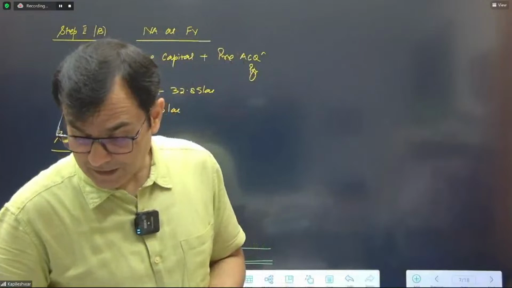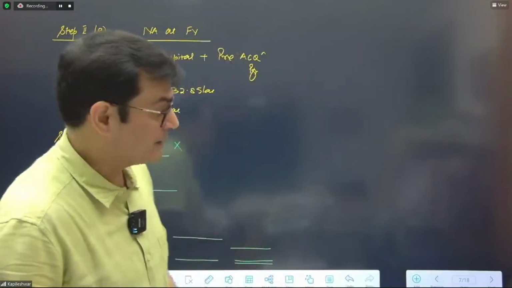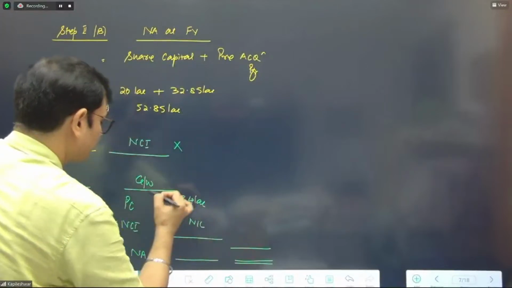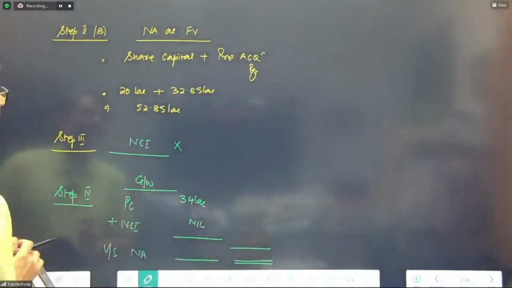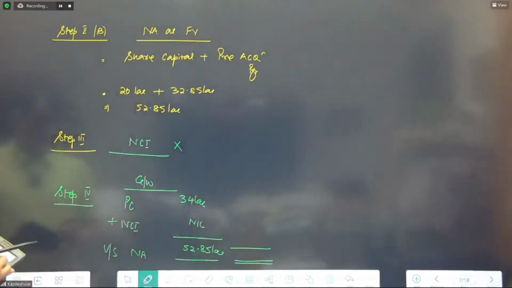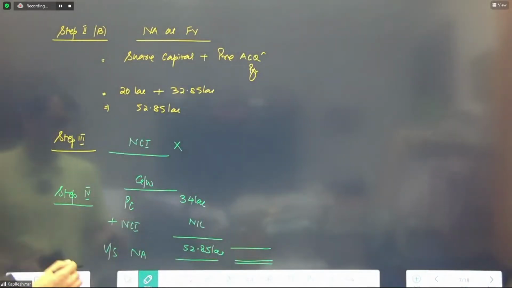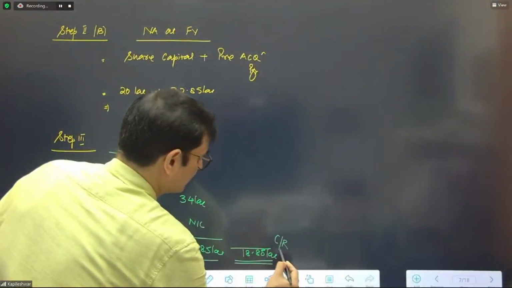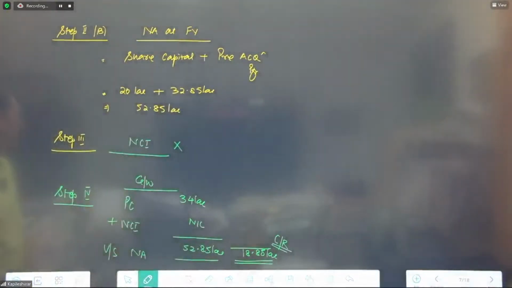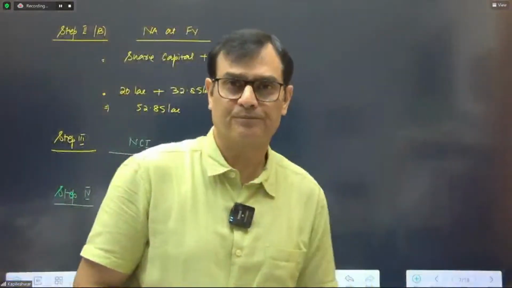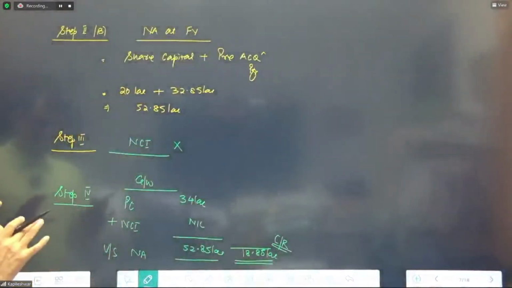If you look at the investment in the balance sheet of the parent, it is appearing at 34 lakhs. There is no NCI. So we compare this with the net assets, that is 52.85 lakhs. So this time we are getting a capital reserve. If I take the difference, this is 18.85 lakhs. This is the capital reserve. It's not goodwill, but a bargain purchase gain, which is typically a capital reserve. Okay. Step number 4 is done.